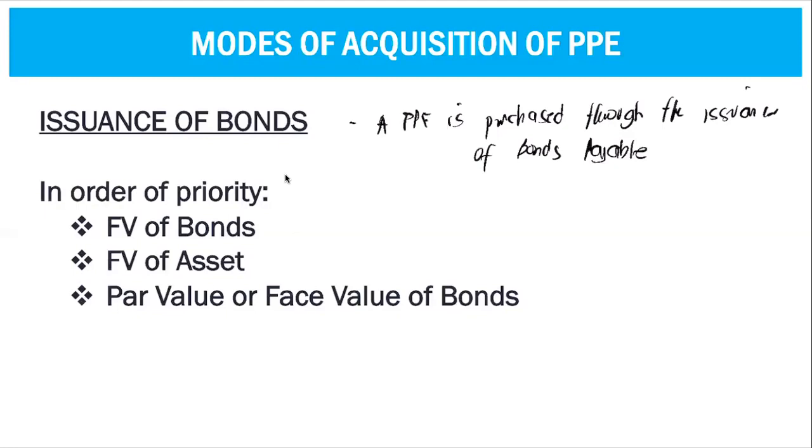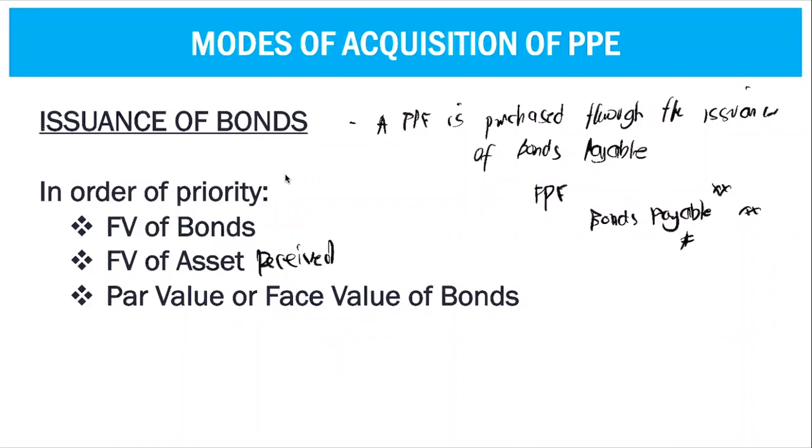So generally, your entry here is debit PPE and you credit bonds payable. So what is the priority? First, fair value of bonds, and then fair value of asset received, and fair value of bonds or par value or face value of bonds.